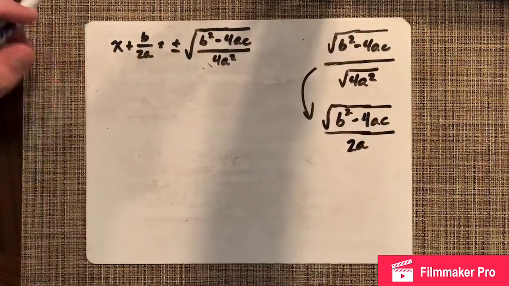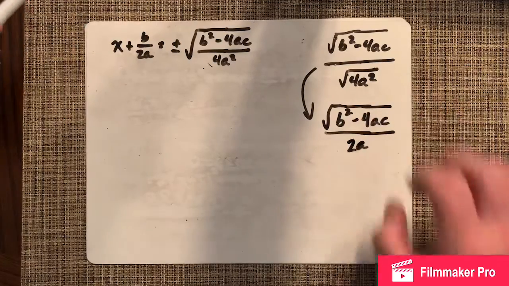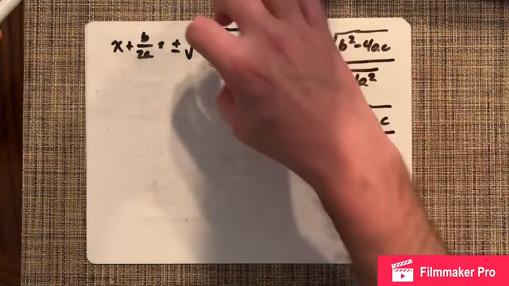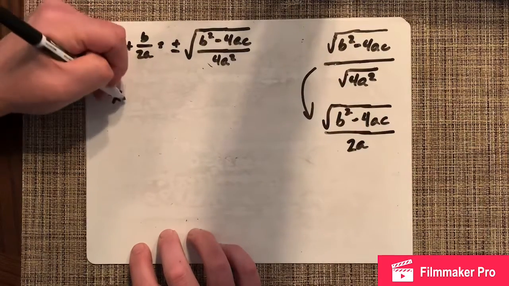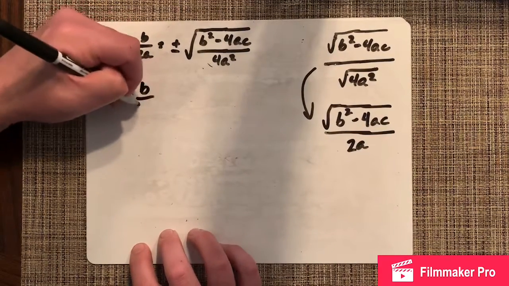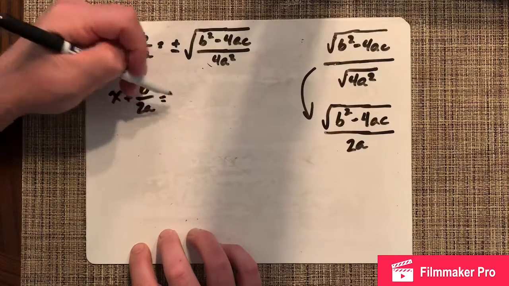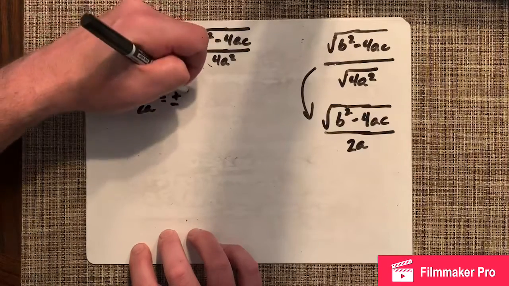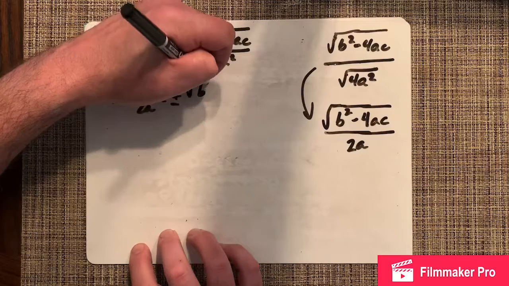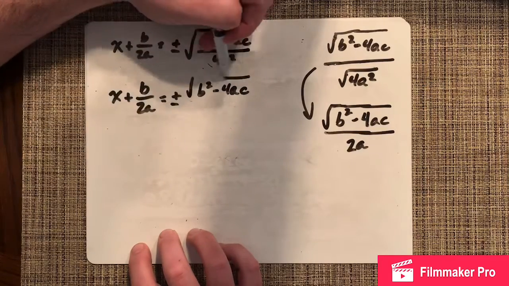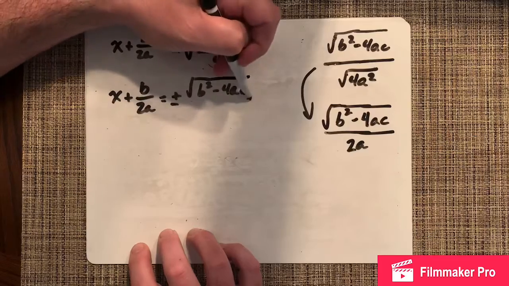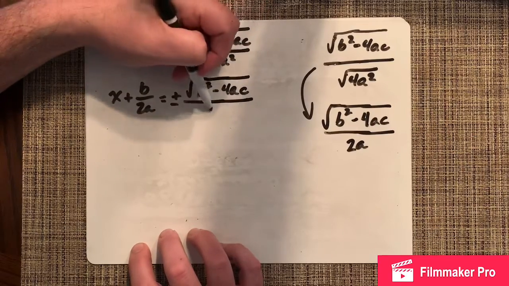All right, so now I'm going to take this and put this in that place. So x plus b over 2a equals plus or minus the square root of b squared minus 4ac, okay, we need to go ahead and put that there over 2a.